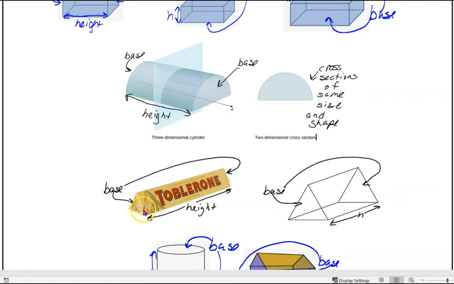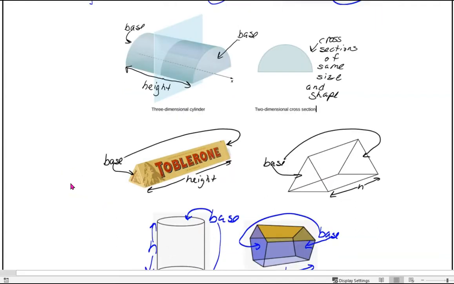That means only this edge here where you open the sweet box and this edge here, which is, quote, the bottom of the box, the last piece of candy, those are the bases. And that makes the long edge along the Toblerone box the height. Notice that the height is the distance between the two bases. Same size, same shape, and parallel.